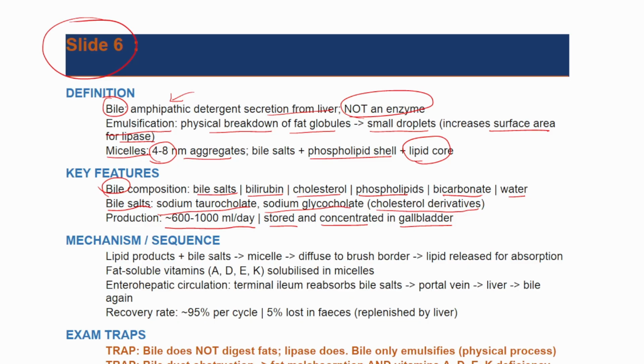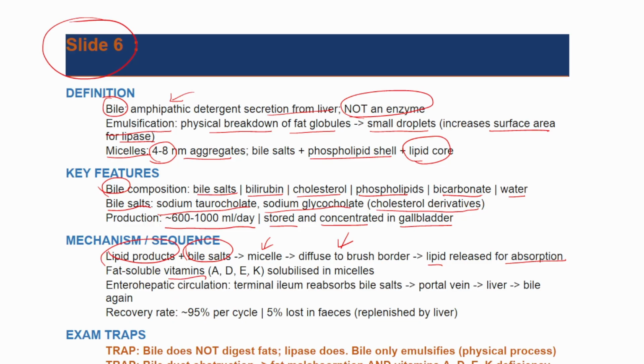The structural sequence follows a path where lipid products and bile salts assemble into a micelle, then diffuse to the brush border and release the internal lipids for epithelial absorption. As this transport sequence takes place, micelle assembly becomes absolutely critical for vitamin solubilization.